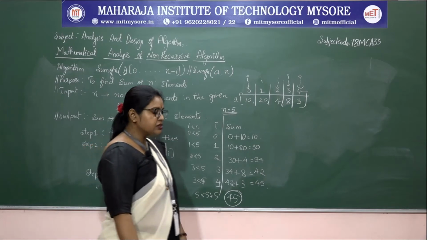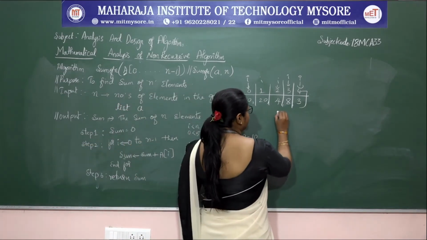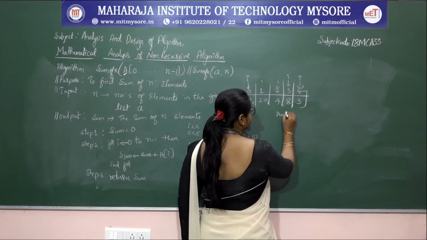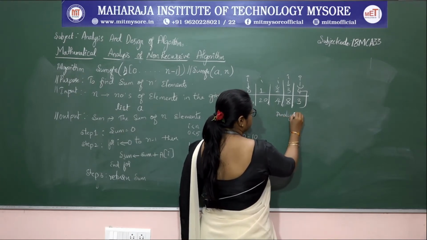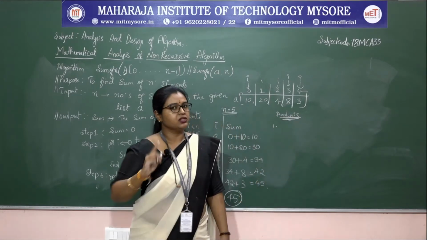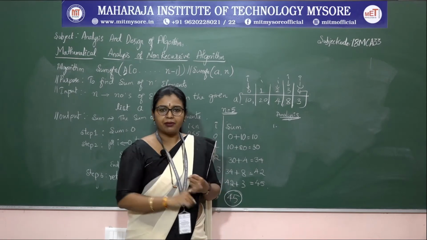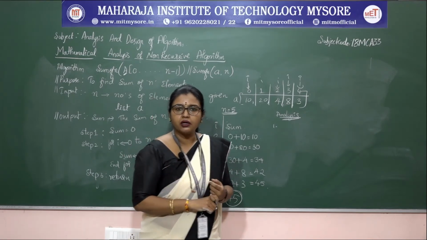The next step is we need to analyze that algorithm. For analyzing this algorithm, what is the very first step? We need to identify the parameters. So what are the parameters here?